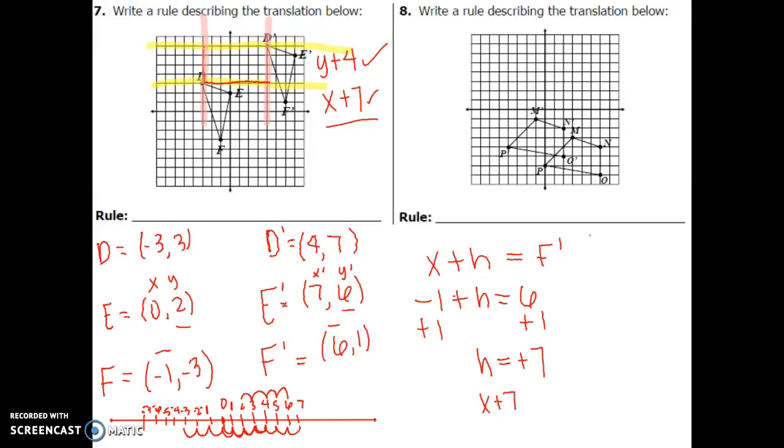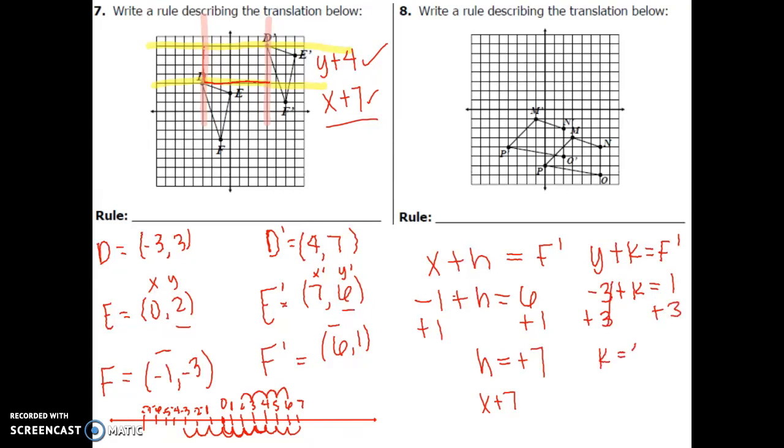For our F, or we could say our Y, that rule is Y plus K is equal to F prime for our Y. So we take our Y, -3 plus our K has to equal 1. So here, to get this to the other side, to isolate K, we would have to add 3 to both sides.